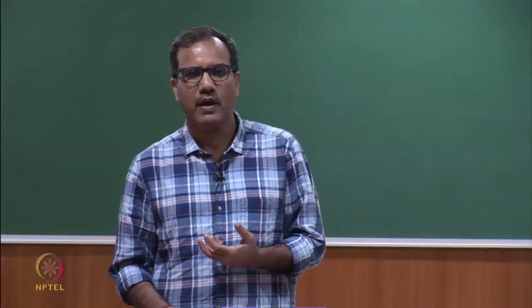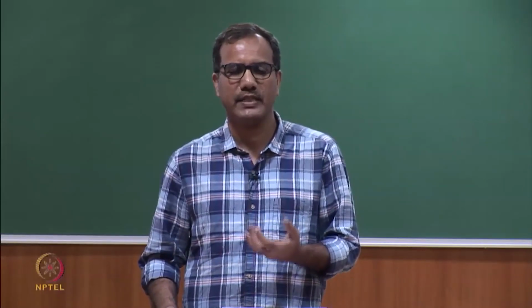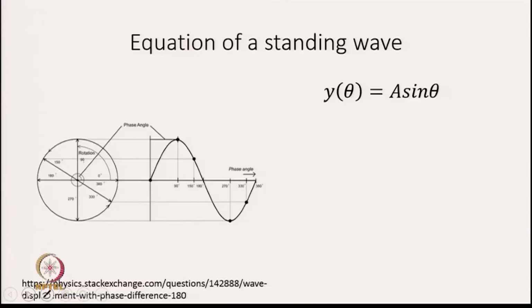So, let us think about how we can show the equation of a stationary or standing wave, which is not moving. This is your wave, and I have already explained what I mean by phase. This corresponds to 0 phase, this position to 90-degree phase, this to 150 degree, this to 180 degree, this to 270 degree, this to 330 degree, and this position to 360 degree phase.